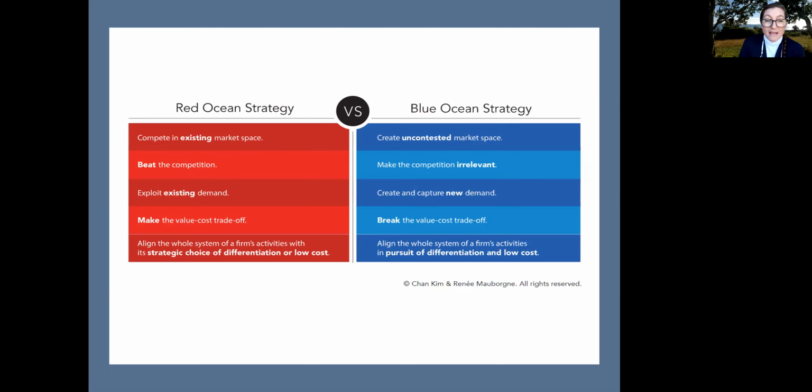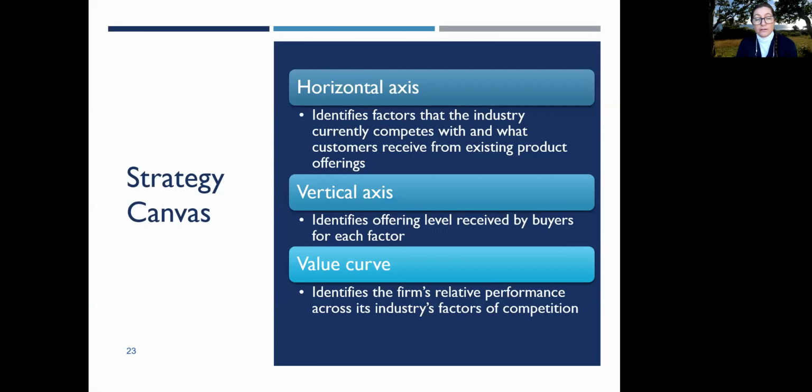Instead of making value cost trade-offs, you're going to break that value cost trade-off. So a blue ocean strategy is about aligning your organizational activities in terms of differentiation and low cost.